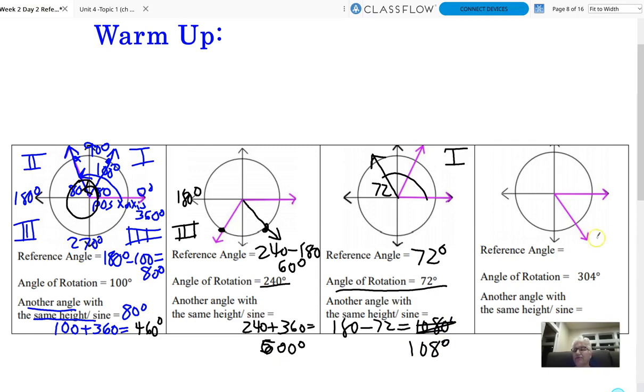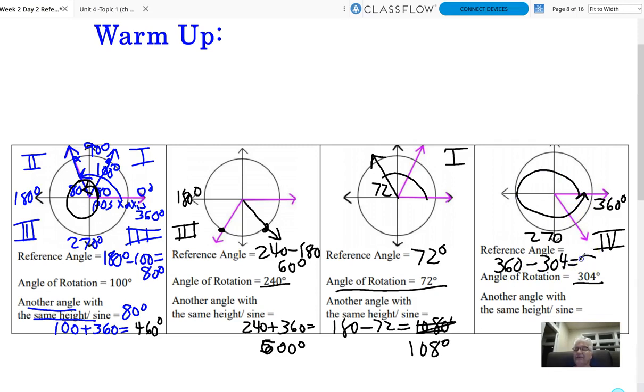Last one is 304. You can see that it takes place in quadrant 4, between 270 degrees and 360 degrees. When you are in quadrant 4, to find the reference angle, it's going to be 360, as if you rotated all the way around, and then you're going to subtract the angle of rotation, 304.